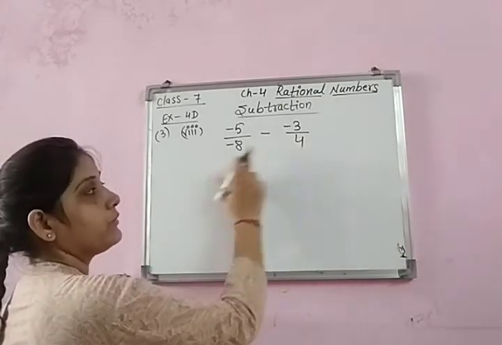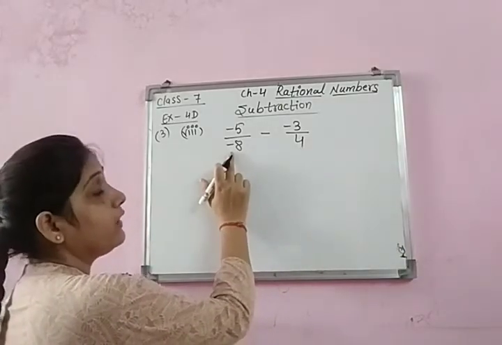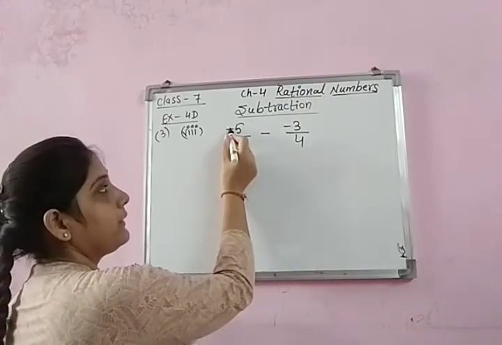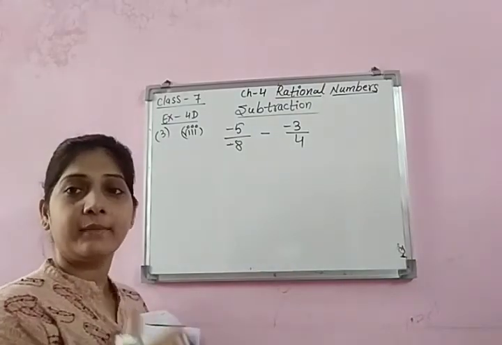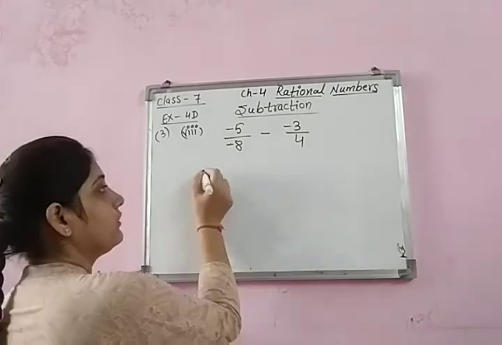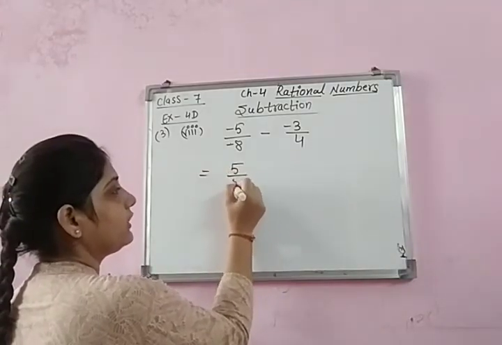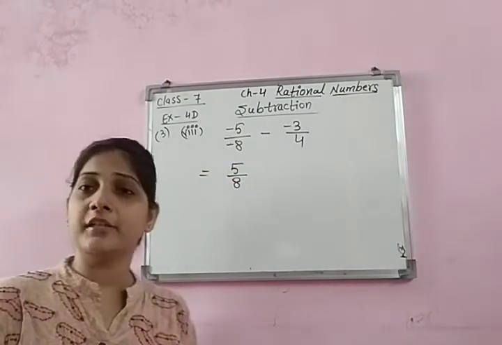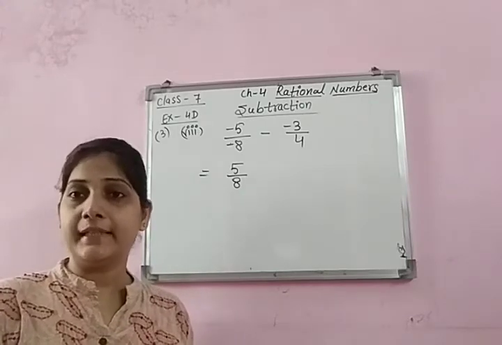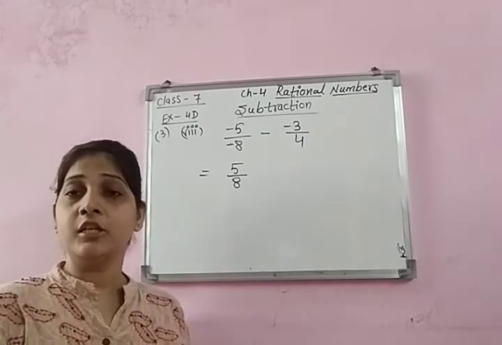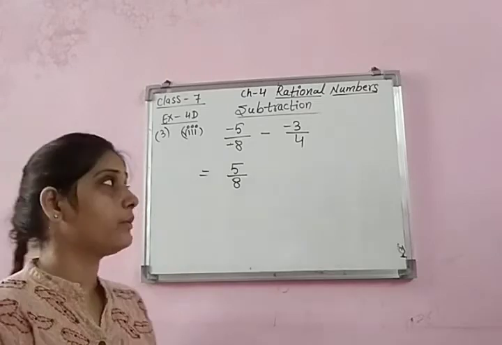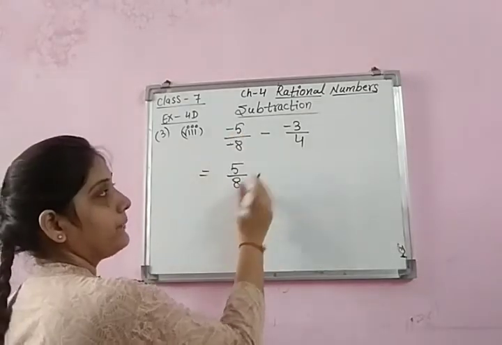So this one is already positive, this we have to make. Here both are minus, so they can be cancelled out. So can we write it like this only? How to make the denominator positive? By multiplying by -1, both numerator and denominator. So it becomes 5 by 8.